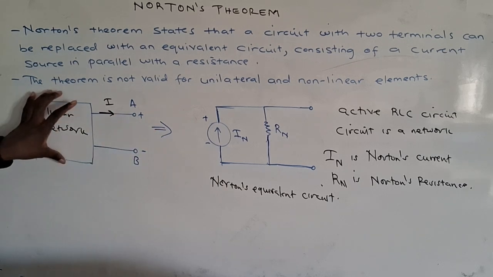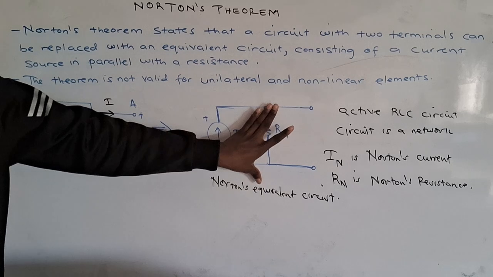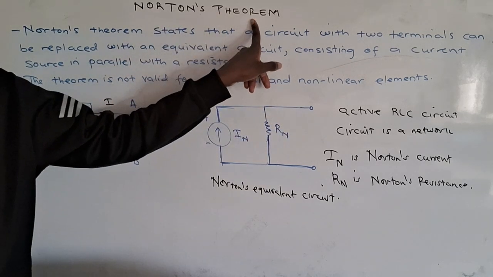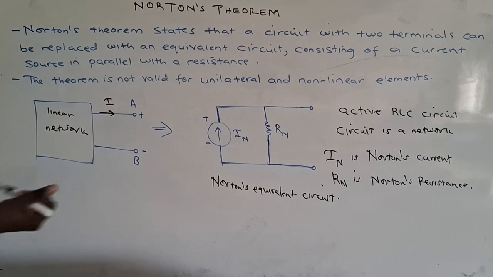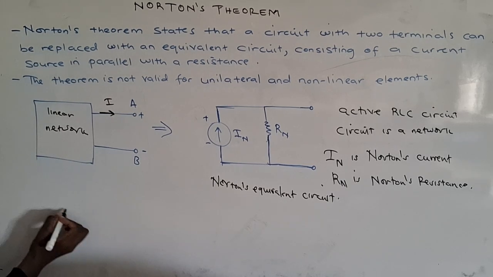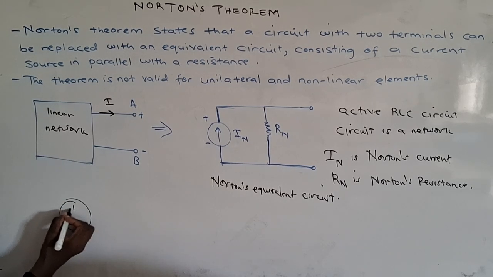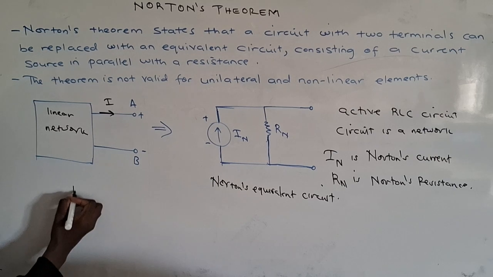See, this circuit can be converted into this circuit by Norton's theorem. Okay, see, this circuit can be converted into this circuit by Thevenin's theorem, positive, negative, like this.